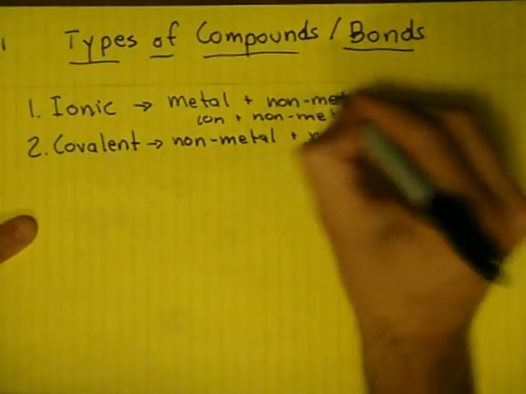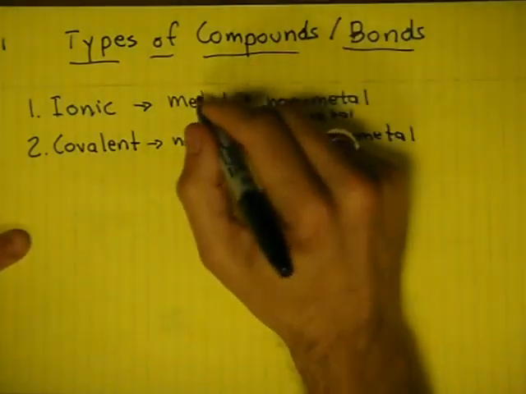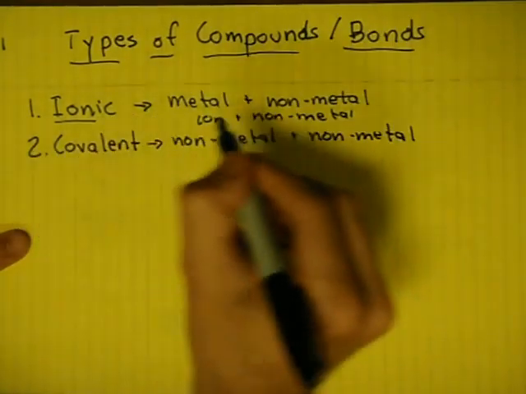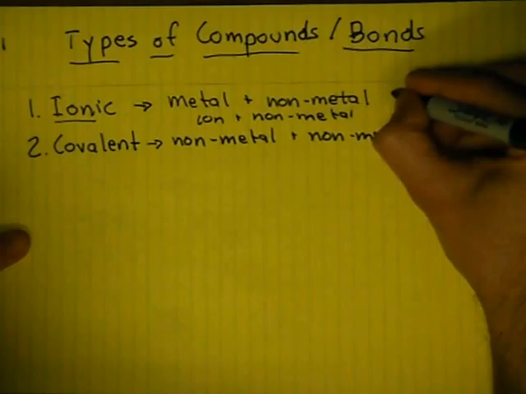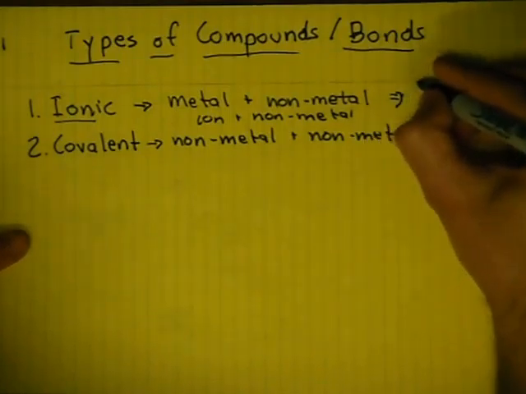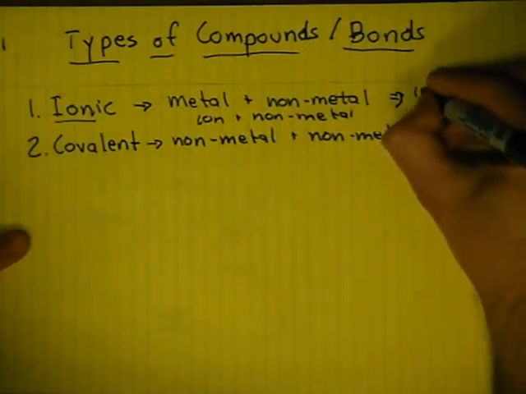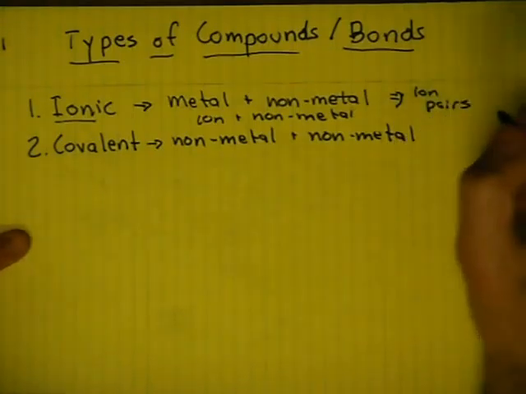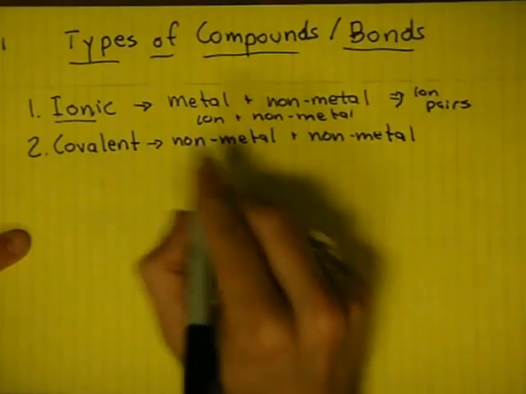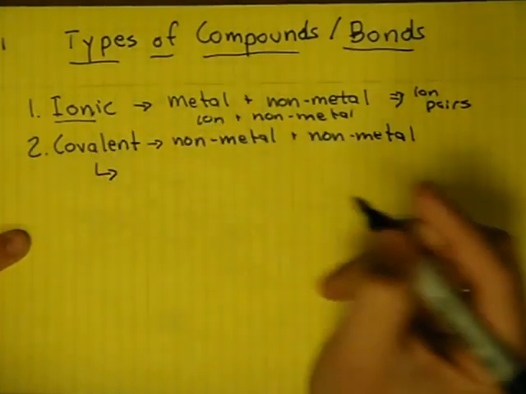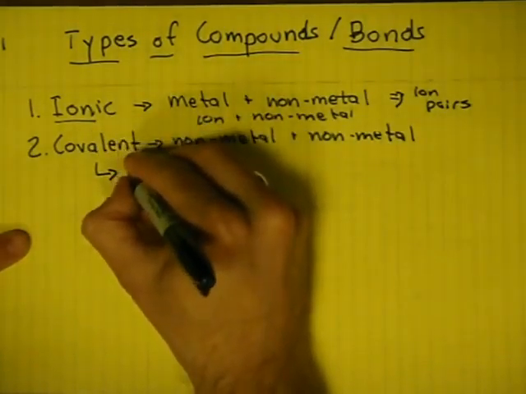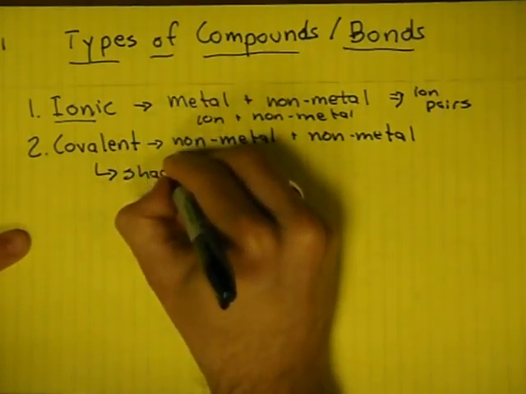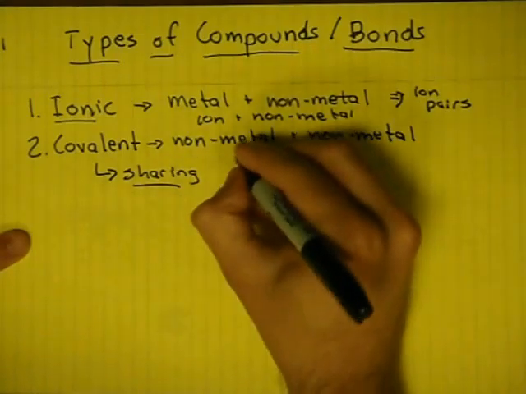There's at least like one ion that I can think of. We can't talk about that. But what the important thing is that with this ionic bond, what we end up with are these ion pairs. With covalent, when we see covalent, what we need to think of here is sharing electrons.